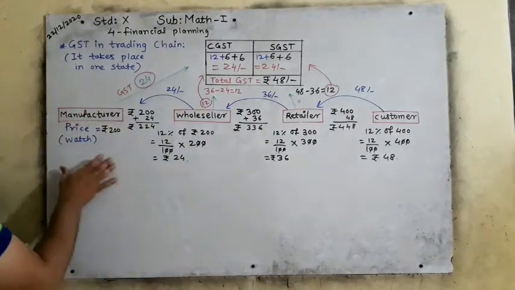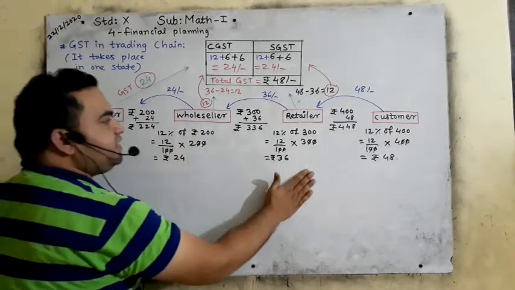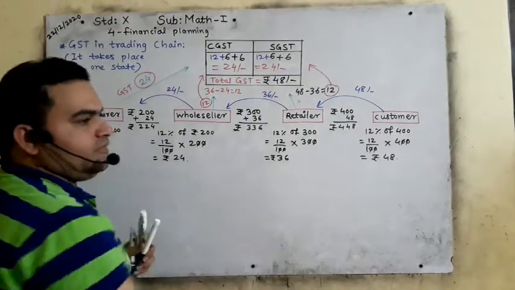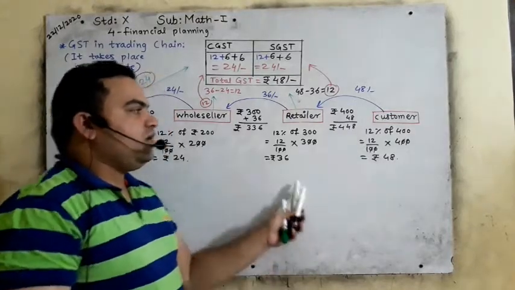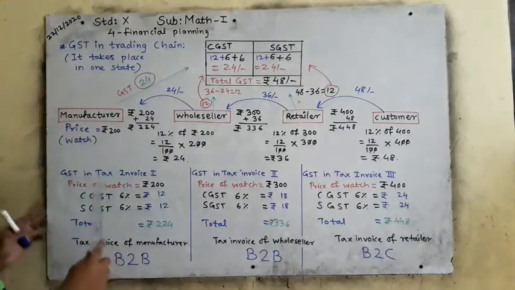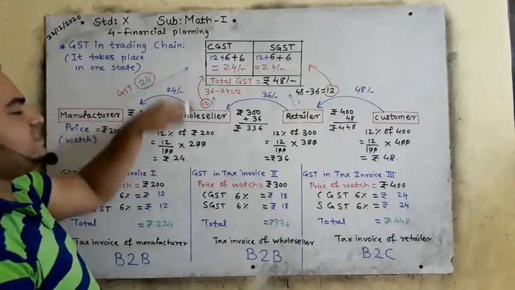Now we will see these three, manufacturer, wholesaler and retailer, they have GSTIN, so they must prepare the bill. So we will see now how the billing takes place. Okay, so dear students, can you see here all these three transactions have taken place in one state only.